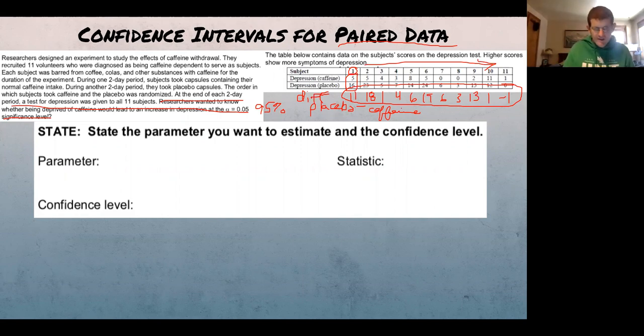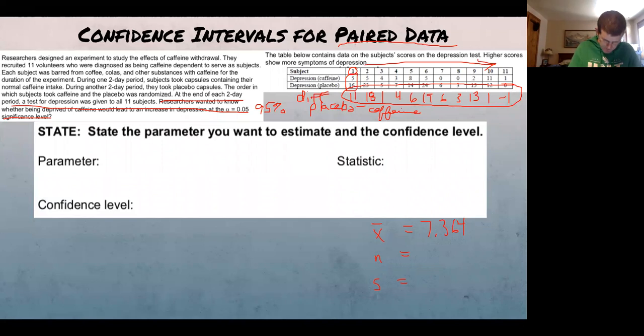Once I've plugged the data in, we need to calculate our one variable statistics. I'm kind of jumping a little bit ahead, but we have to do this anyway, so we could do it at the beginning. All right. So I got 7.364, however much precision you want to go out to.